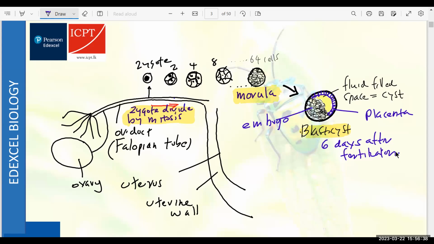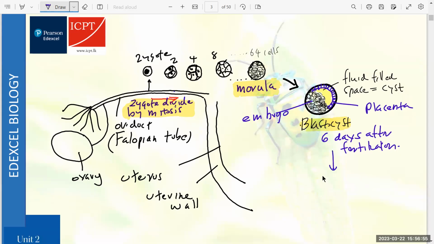And then after that, by about 8 to 9 days, somewhere around 8 to 9 days, it embeds in the uterine wall.